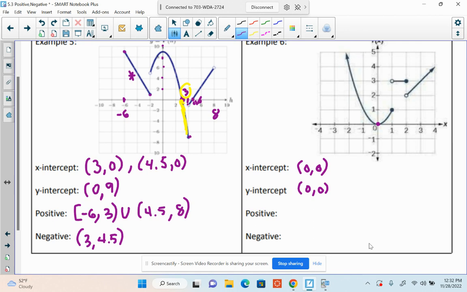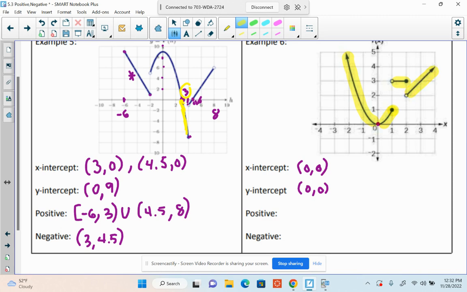Where is it positive? Well, let's think about it. Oh, the graph is always above the x-axis except at that point where it's actually touching the x-axis. So let me highlight this in yellow. I'm not going to include x equals 0 because at x equals 0 we are actually touching the x-axis, not above it. Okay, I will include x equals 1 because it's closed here and open there. I will include all the x values over to 2 and then everything from 2 to infinity.